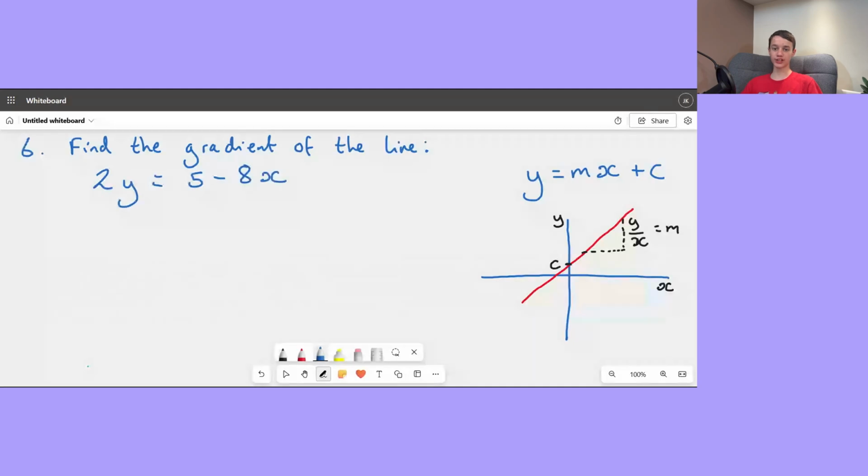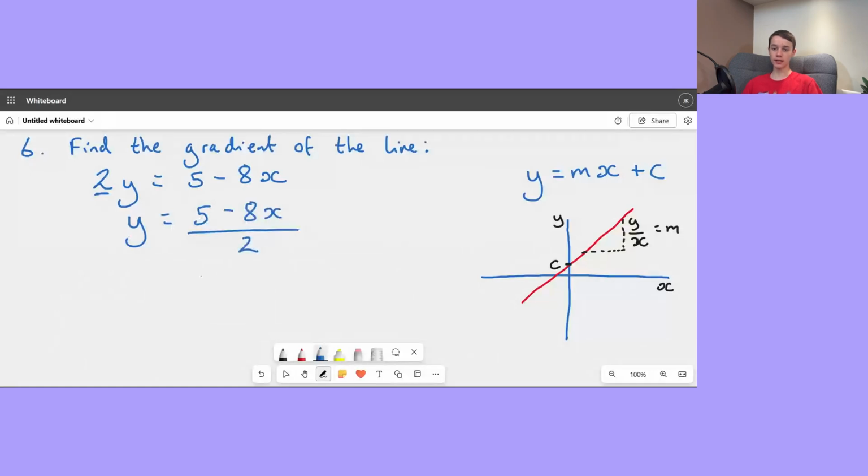Our sixth question is find the gradient of the line 2y equals 5 minus 8x. Now, this is awkward because, like the other one, it isn't in the right arrangement. So we have to divide both sides by the 2 because what we do to one side we have to do to the other.